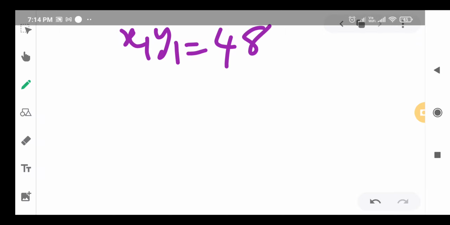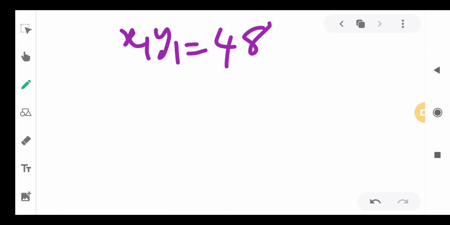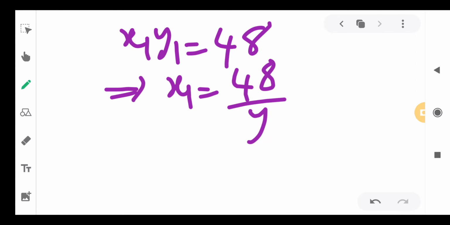x1 y1 is equal to 48. Now we can rewrite x1 as 48 by y1. If y1 comes to the downside, this will be substituted in equation number 2.